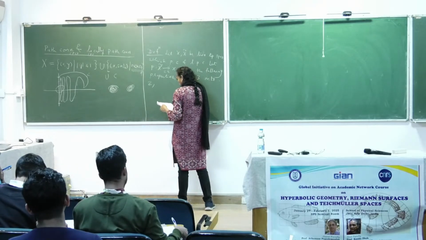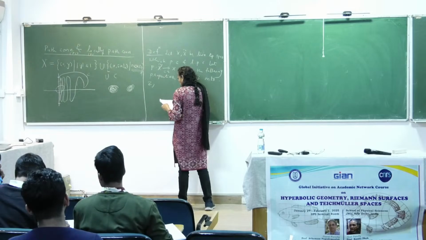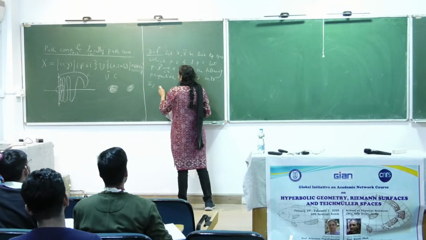Every point in X has what is called an admissible neighborhood.